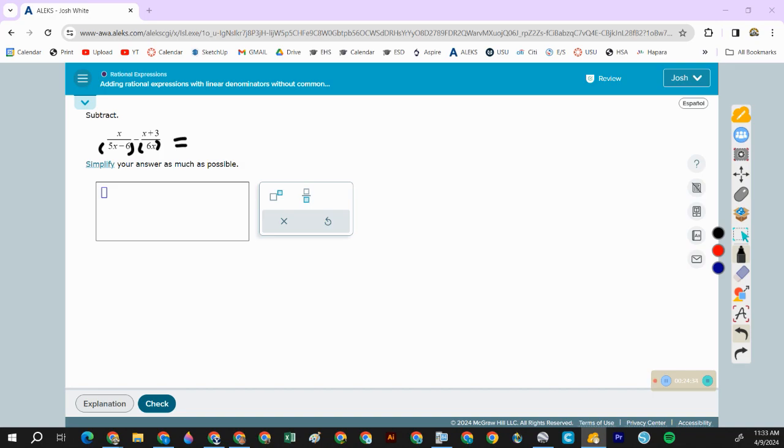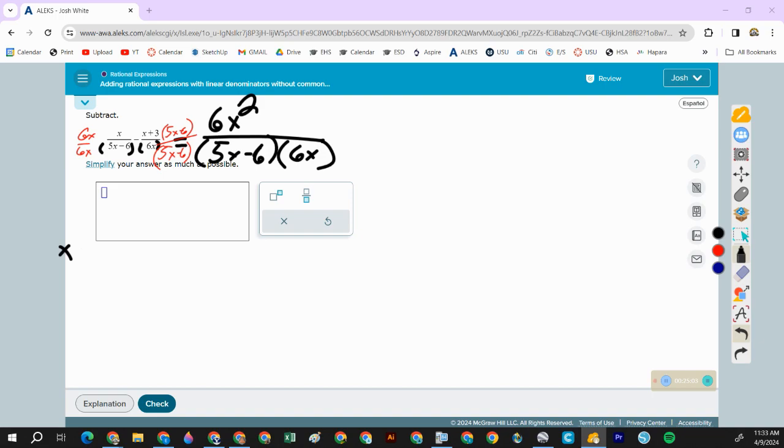My common denominator will be 5x minus 6 and 6x. All right. So this side needs a 6x over 6x, and this side needs a 5x minus 6 over 5x minus 6. So on the left, I get 6x squared.